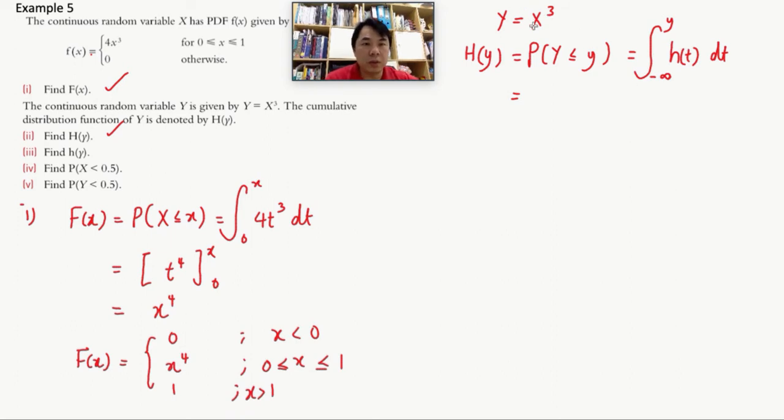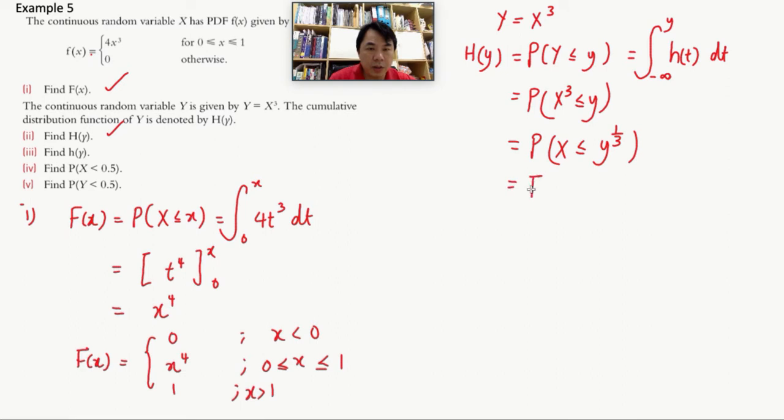Therefore, we're going to make use of this relationship here. Y is given as x cubed, and that can be written as x equals y to the power of 1/3. We notice that this format looks very similar to this: the probability of X less than x is given by this distribution function.